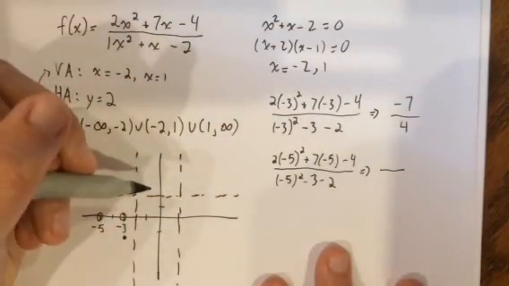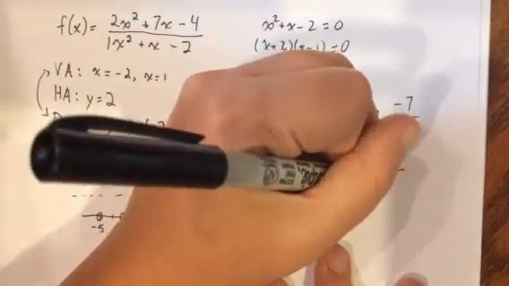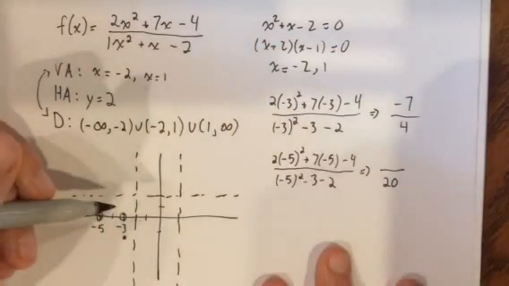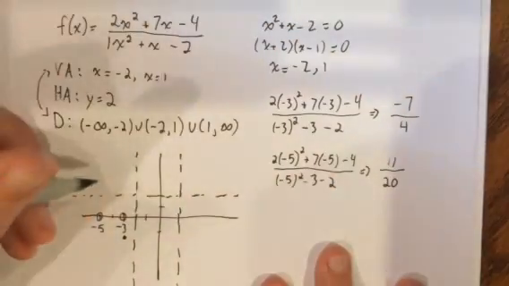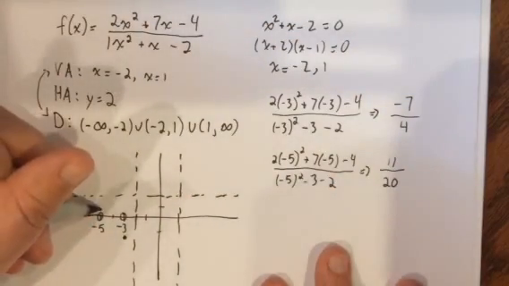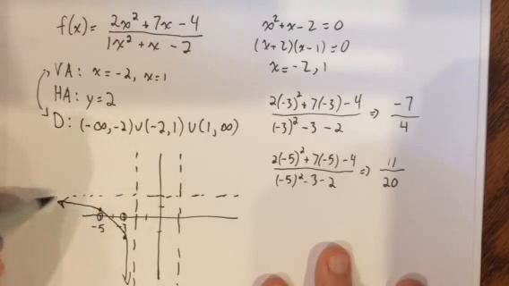So 25 on the bottom, 25 minus 3 minus 2 would just be 20. On the top, 25 times 2 is 50, 50 minus 35 would be 15, minus 4 would be 11. So I get a positive number, pretty small, but positive. So I can kind of tell how this should work out. Should get something like that.